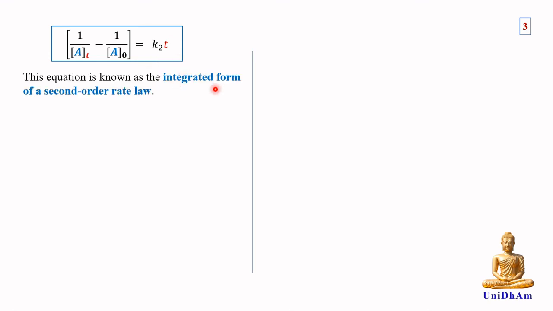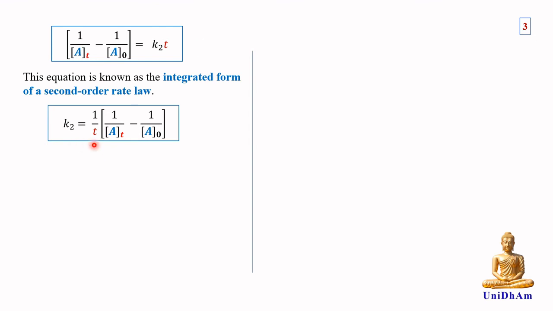This equation is known as integrated form of a second order rate law. From this equation, the second order rate constant K2 can be derived. K2 is equal to 1 by t into 1 by At minus 1 by A0.